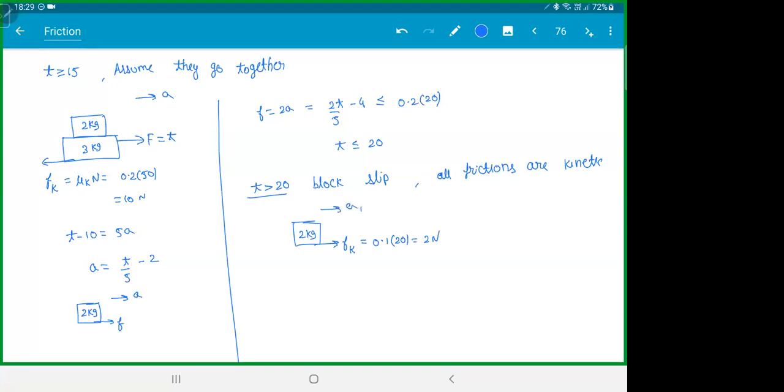And this is the acceleration of this block, so A1 will be 1 meter per second square. And for the 3 kg block, this friction will be 2 newtons and this friction will be 10 newtons, and this will be the force T. Let this acceleration be A2. So T minus 12 is equal to 3A2. So this acceleration would be T by 3 minus 4. Please check these values here.